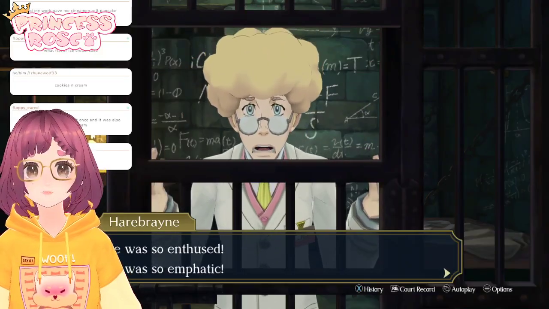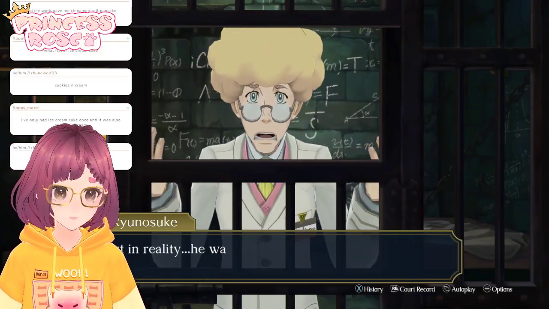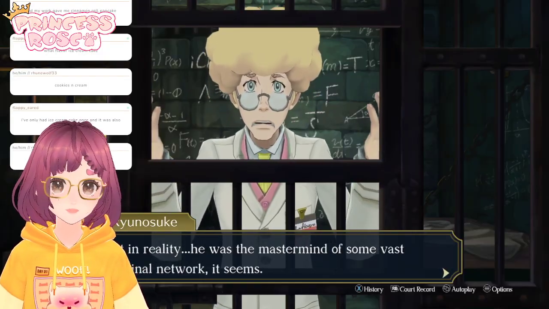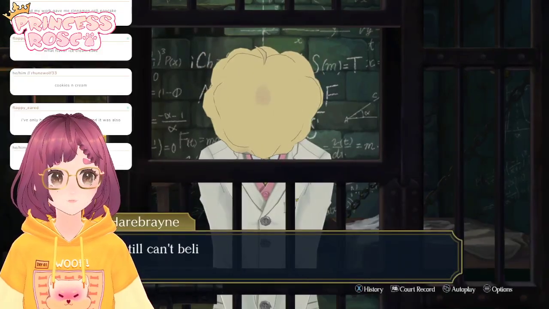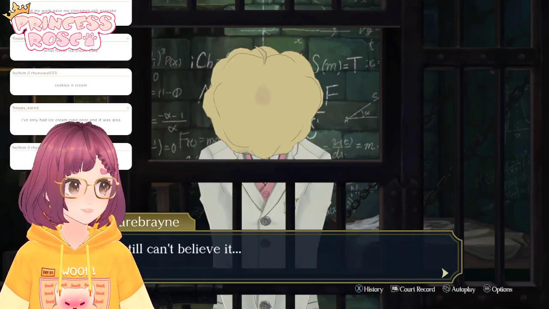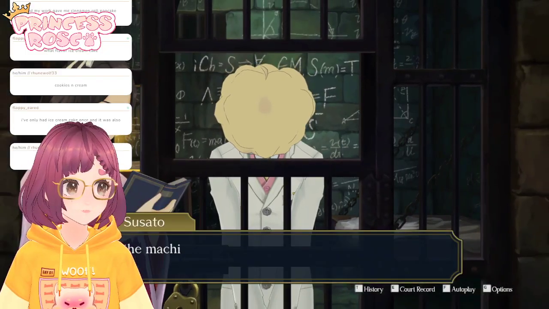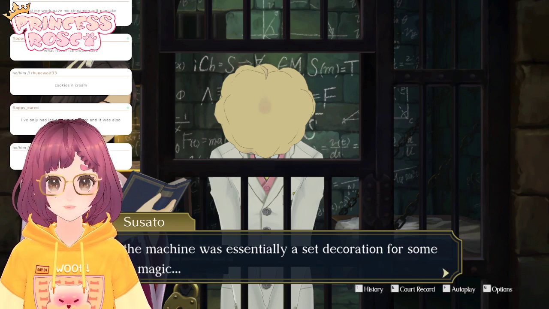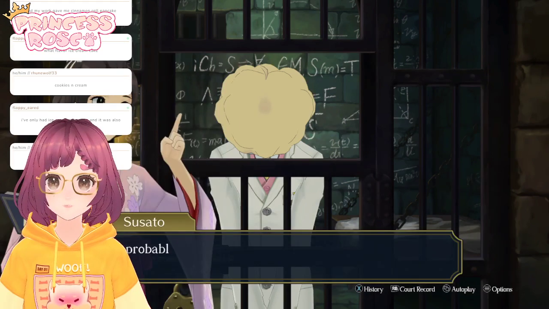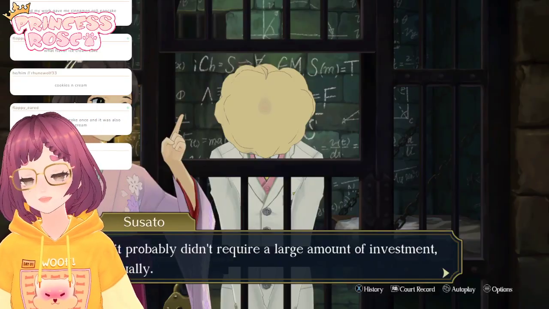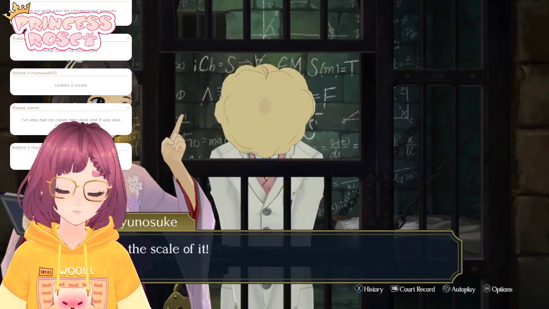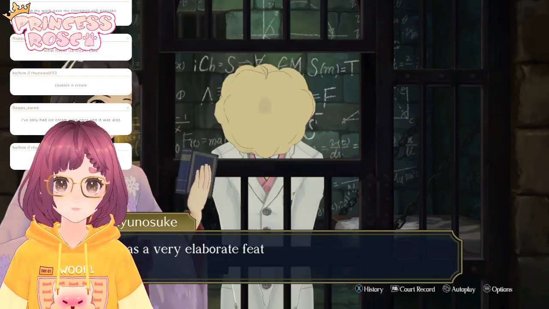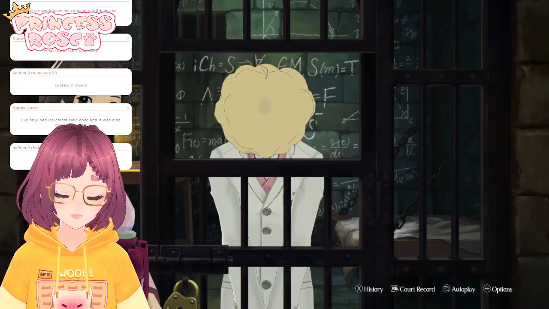He was so enthused. He was so emphatic. But in reality, he was the mastermind of some vast criminal network, it seems. I still can't believe it. As the machine was essentially a set decoration for some stage magic. It probably didn't require a large amount of investment, actually. But the scale of it wasn't just some small trick. It was a very elaborate feat of deception.